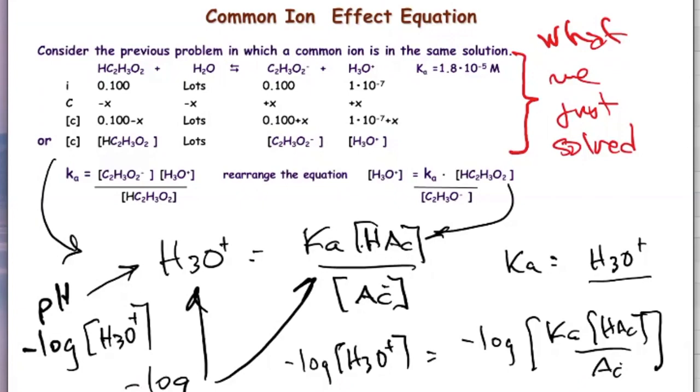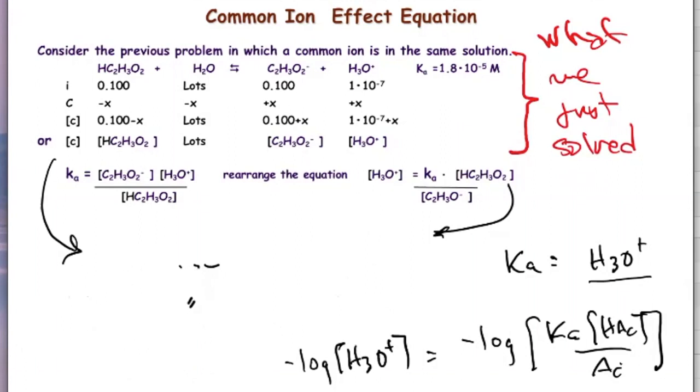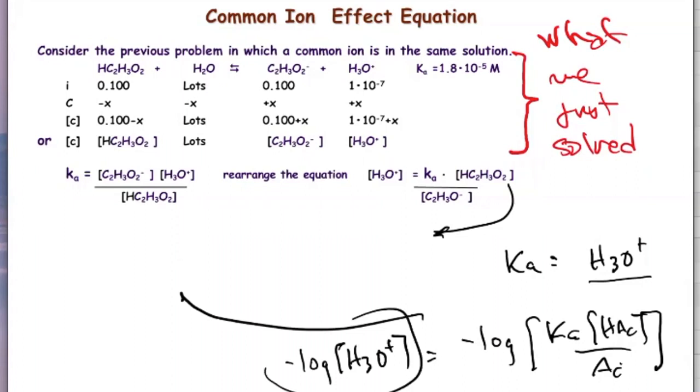Now, what I want to do is simplify this. I'm going to erase this right here. Okay, apologize for that. I need some board space. So this is somewhat important, because what I can do here is that this value right here is just the pH. And this value right here is just equal to the pKa.